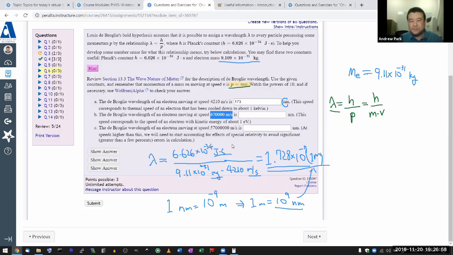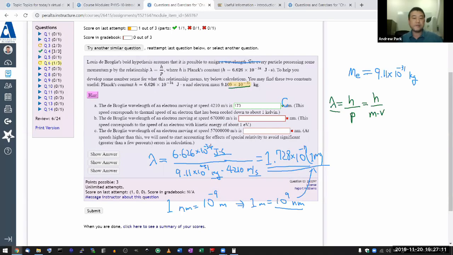I think you can just plug in those numbers in non-scientific notation if you want, or you could use scientific notation, and I'll get to that maybe later. So, submit. Good, 173 nanometers is the wavelength of an electron moving very slowly.